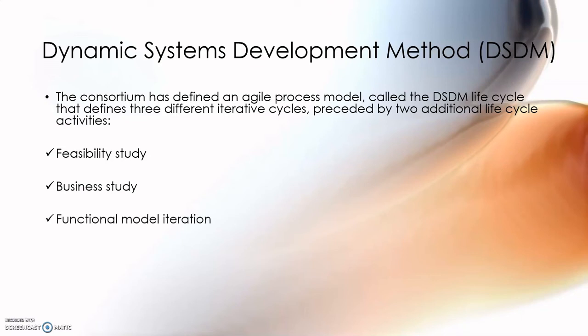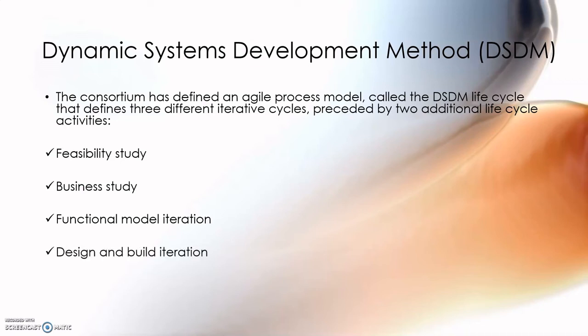Next cycle is functional model iteration, which produces a set of incremental prototypes that demonstrate functionality for the customer. The intent during this iterative cycle is to gather additional requirements by collecting feedback from users as they exercise the prototype.